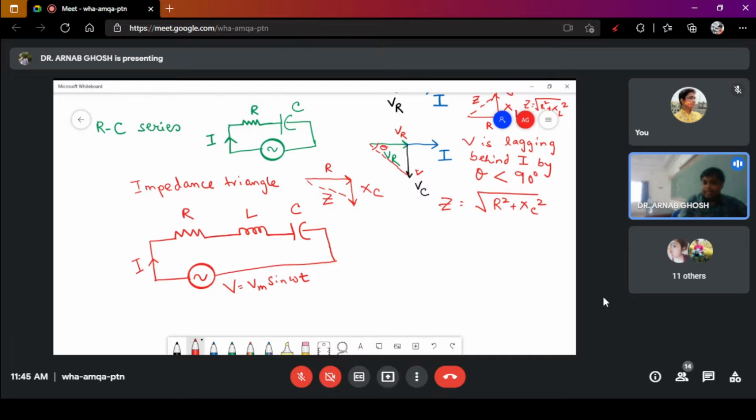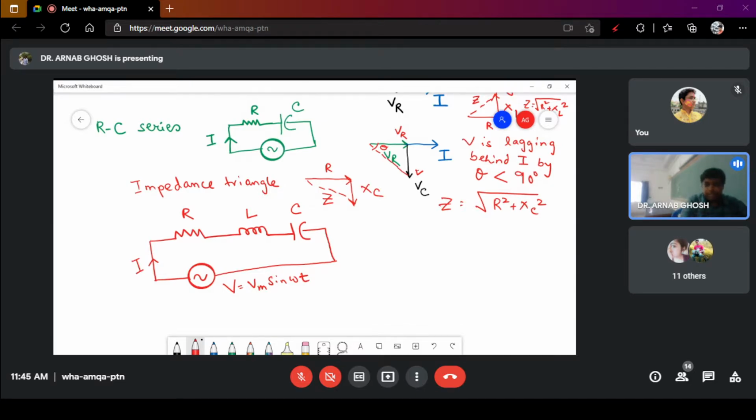Now, as we have drawn the phasor in the previous cases, we will draw the phasor here as well. If we draw the phasor, you can understand why that particular expression for impedance comes up. First we draw the circuit.